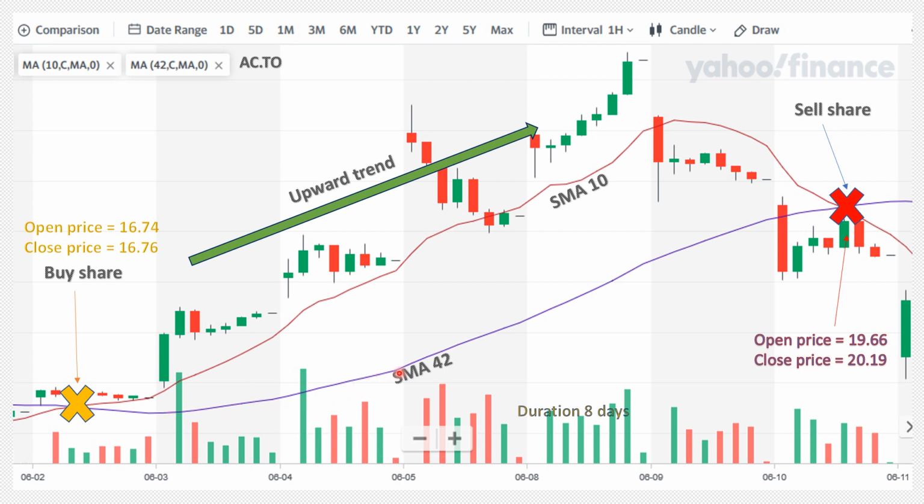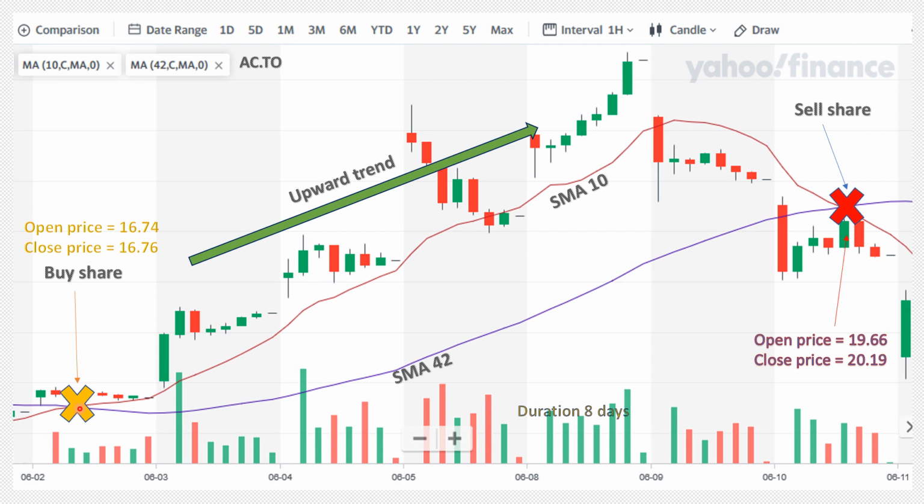And the last condition is the smaller moving average SMA 10 should cross the longer moving average SMA 42 in upward direction, which is true at this point, and this cross section is below the price, which it is true.